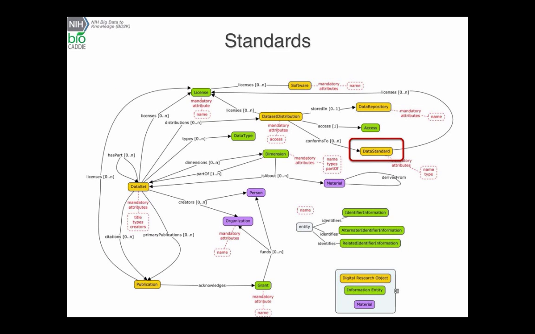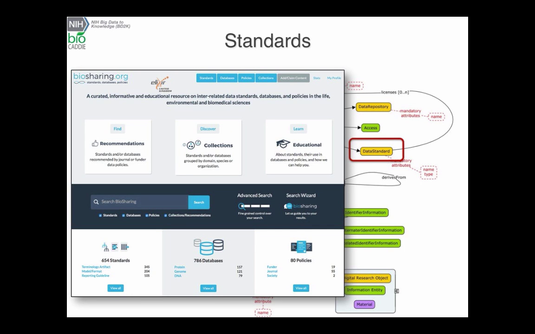Okay, so I want to highlight a couple of those elements which are part of the core. One element is the standards. As I say, this is not part of indexing standards, but the idea is, if a data set is compliant with a standard, let's say it's a data set from ArrayExpress, we want to highlight to the user that this data set from ArrayExpress complies to the MIAME checklist.